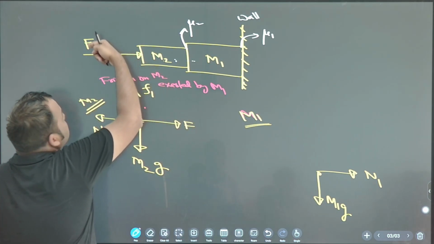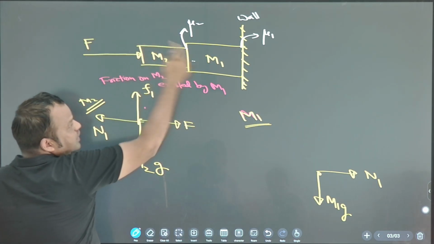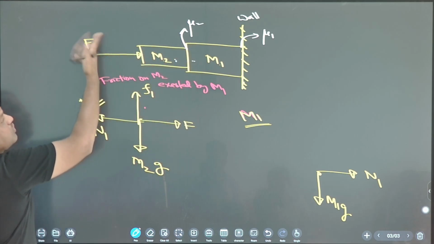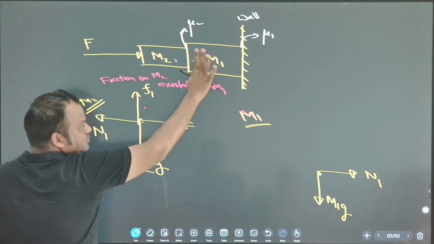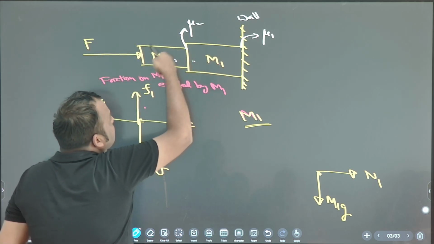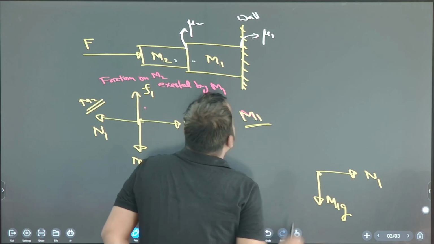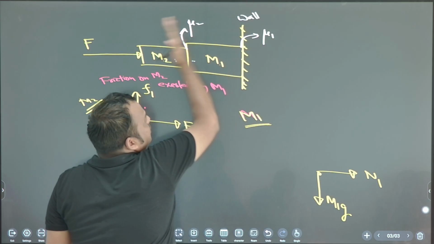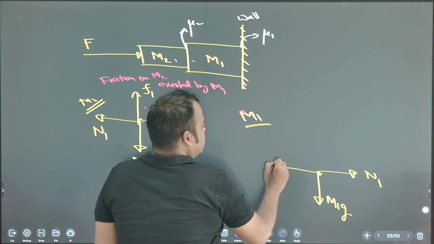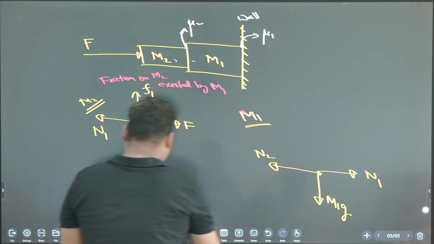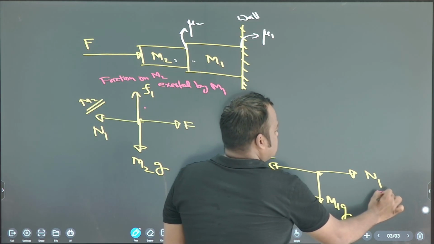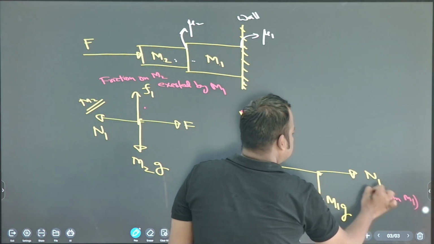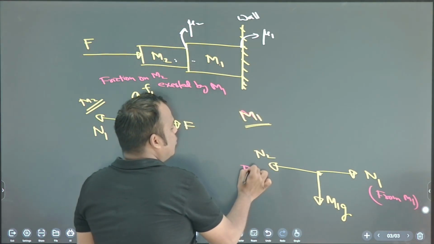This F is not acting on M1. F is acting on M2. What is acting on M1? Normal. Wall will exert one normal. It is N2. So first you understand what is N1 and N2. This is from M1 and this is from wall.